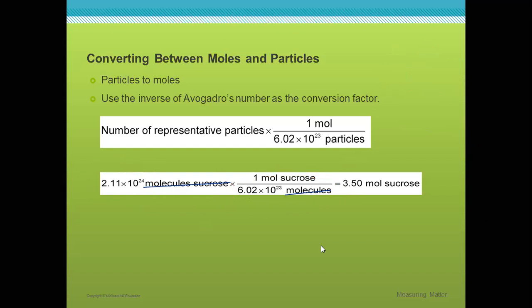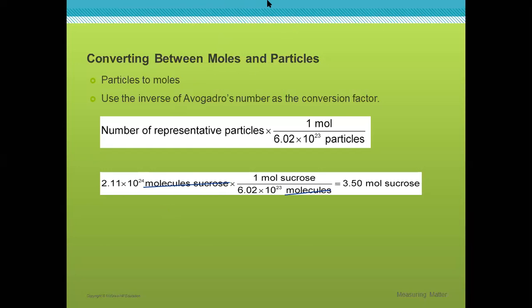Any problem till now? Who can answer me? How can we get number of moles? Ibrahim. Yes, Ibrahim. How can we get number of moles?